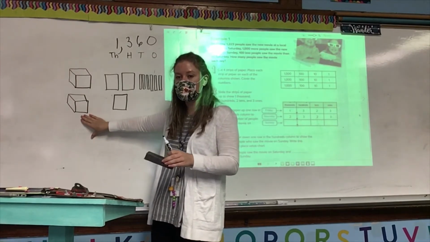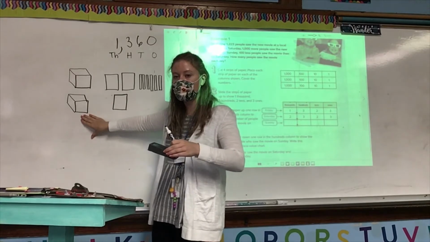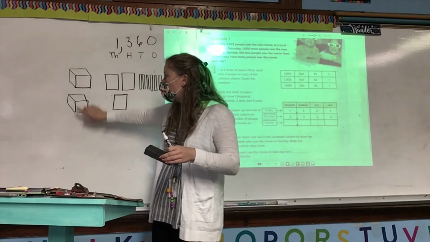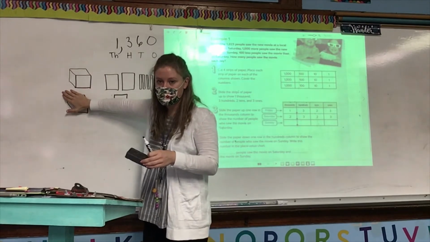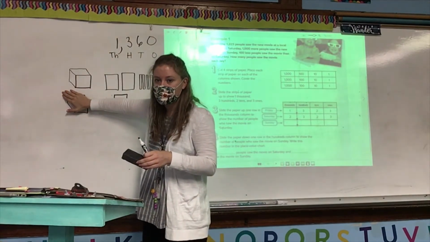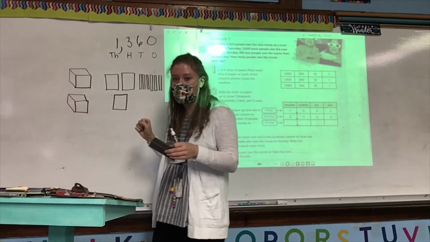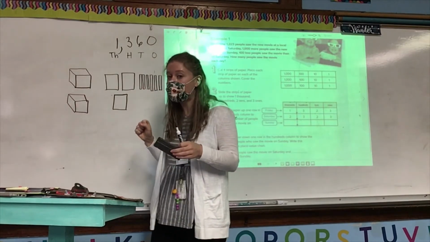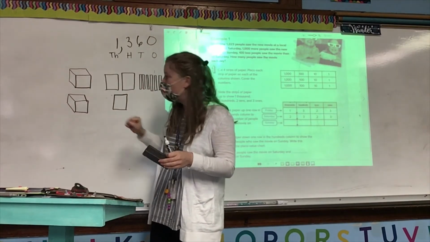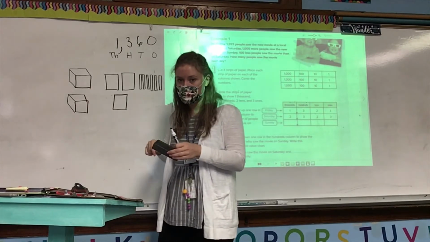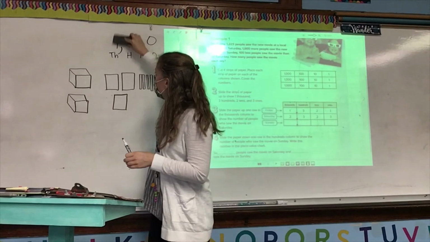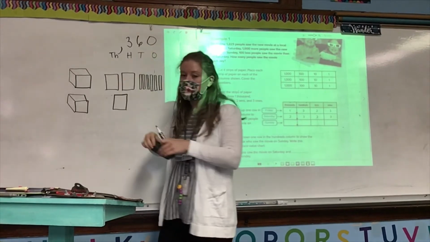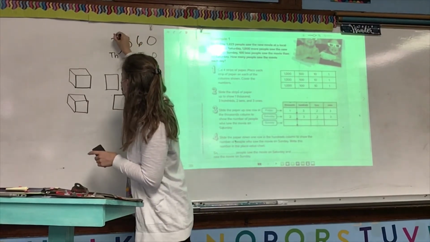Before I had 1 thousands cube. Now I have 2 thousands cubes. So that means I change my 1 in the thousands place to 2.